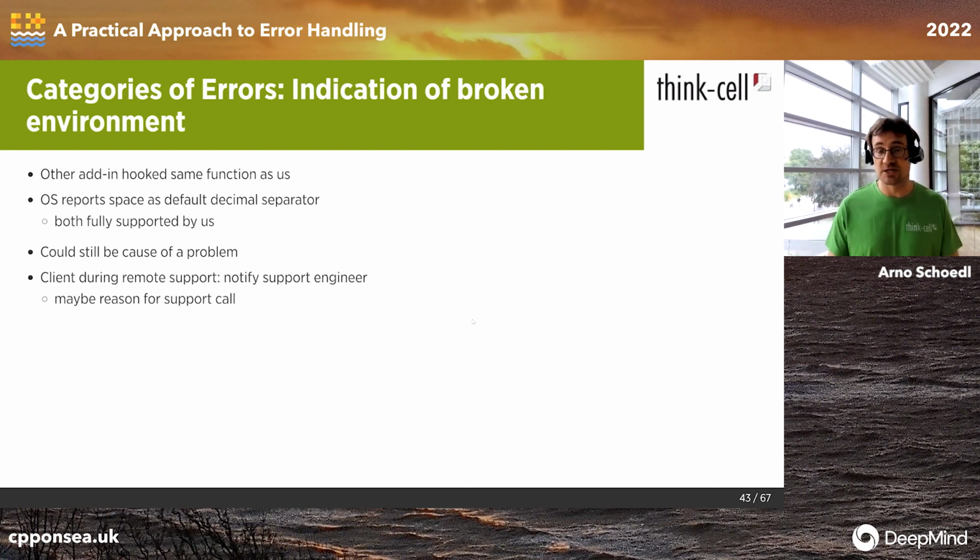So the support engineer would get a pop-up, not the original user when she originally ran the program, but only the support engineer attached to the program. She would actually see, okay, there's something strange at least, and since the user called because something didn't work, this may very well be the reason for the call. This may be the consequence of this particular special environment that the computer's in.